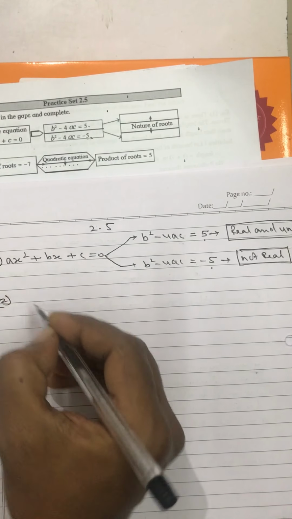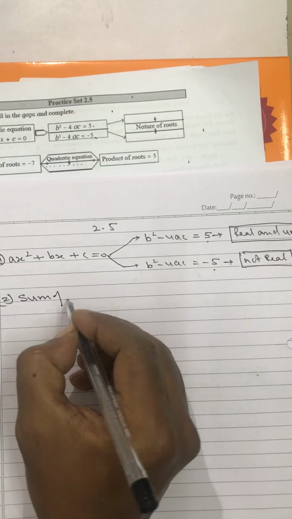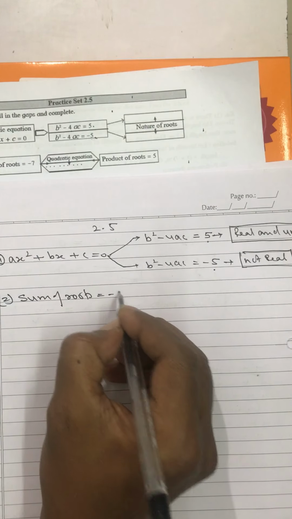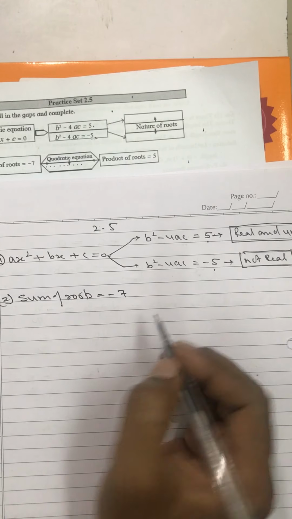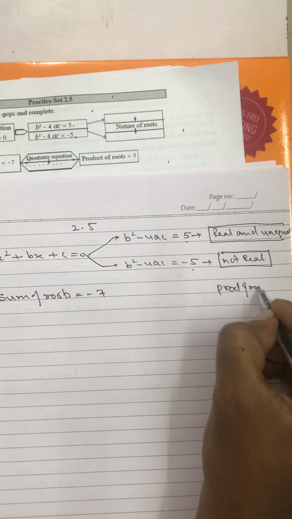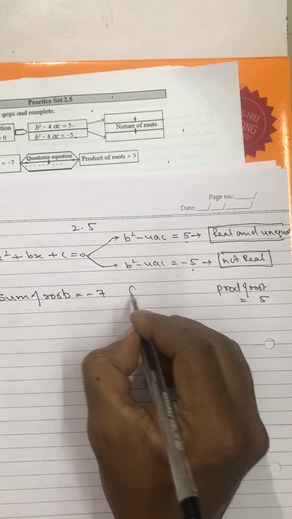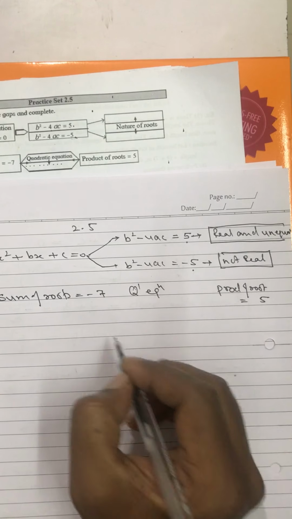In the second question, what are they asking you? The sum of roots is equal to minus 7, and the product of roots they have given is 5. We have to frame the quadratic equation.